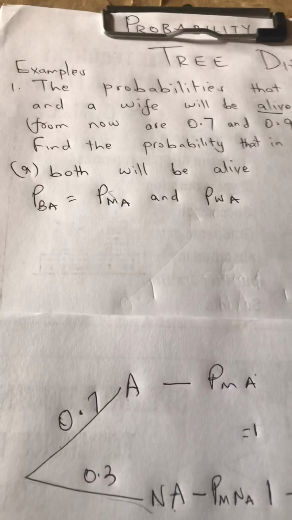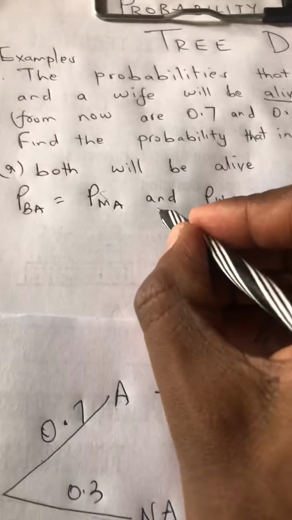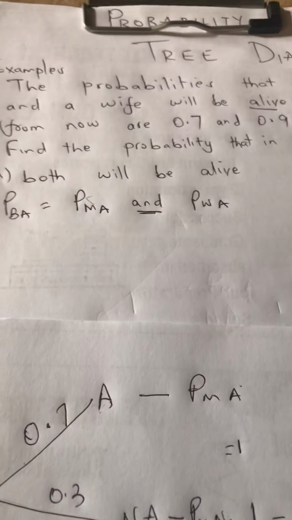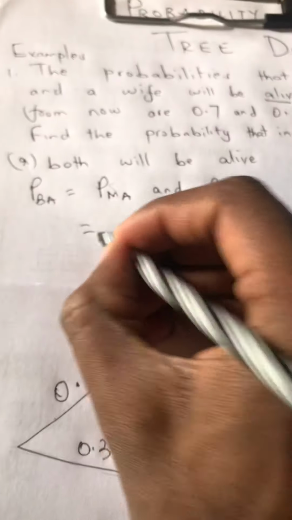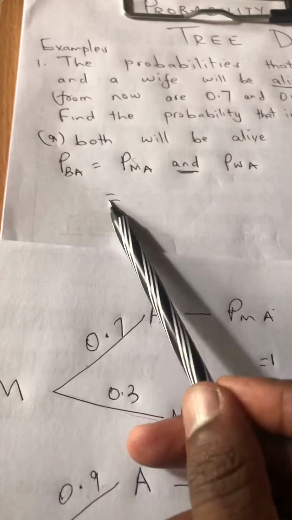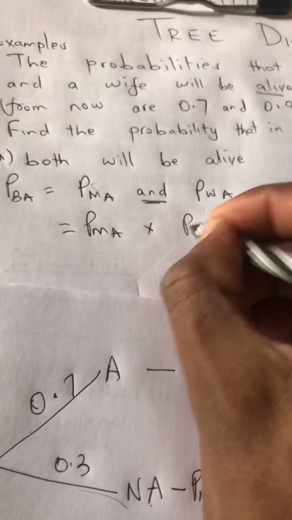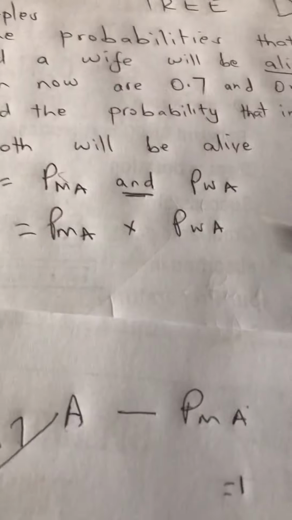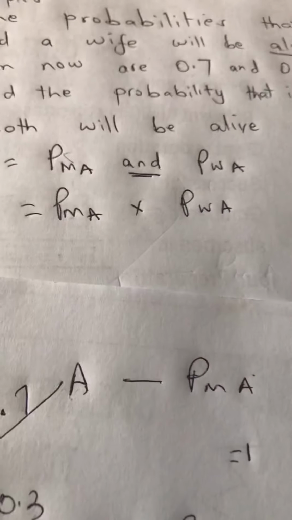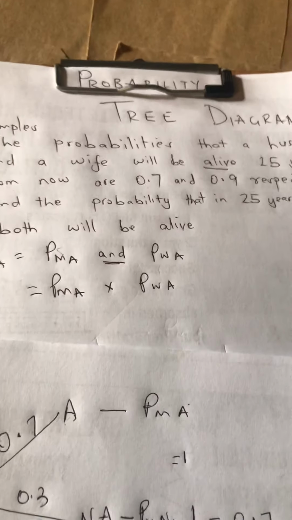Something else that I need you to understand in probability: when you see "and", it means multiplication. So we will get the probability man alive times the probability wife alive, because "and" means multiplication in probability.